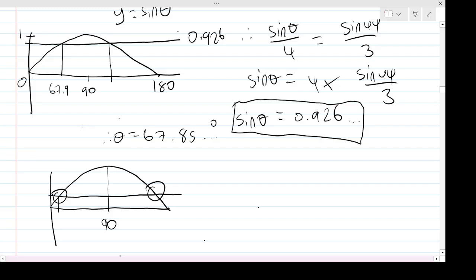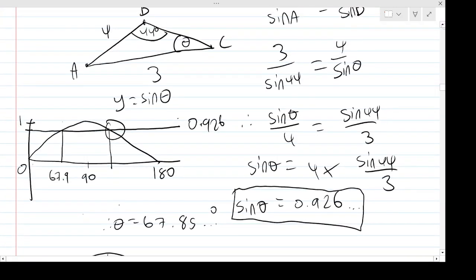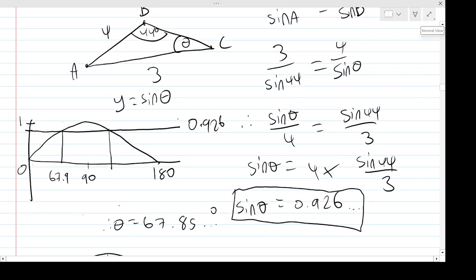If we know the first one, well, the second one, so this is 180 as well, I should say, at the end there. Well, the gap between 0 and this first intersection is the same between 180 and this gap here. So then we can use that to work out that second intersection point. Because what I'm saying is the gap between 0 and 67.9, between 0 and the first solution there, is the same as the gap between the second solution and 180.